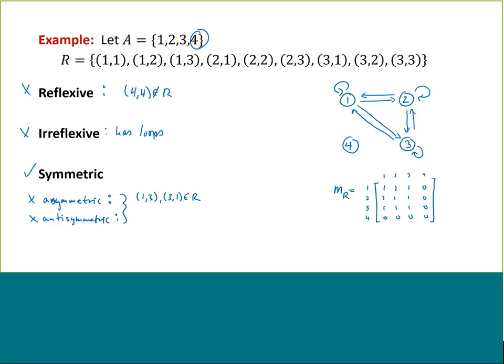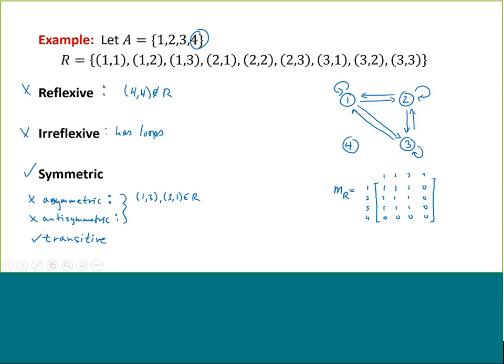Now, the last thing was transitive, and it does turn out that this guy is transitive. There are some shortcut ways of finding that. One of them is looking in your matrix. If the ones in your matrix look like a rectangular shape, in this case it looks like a square, it turns out if you square the matrix to find that matrix associated with R2 that we've been working on before, the shape won't change.